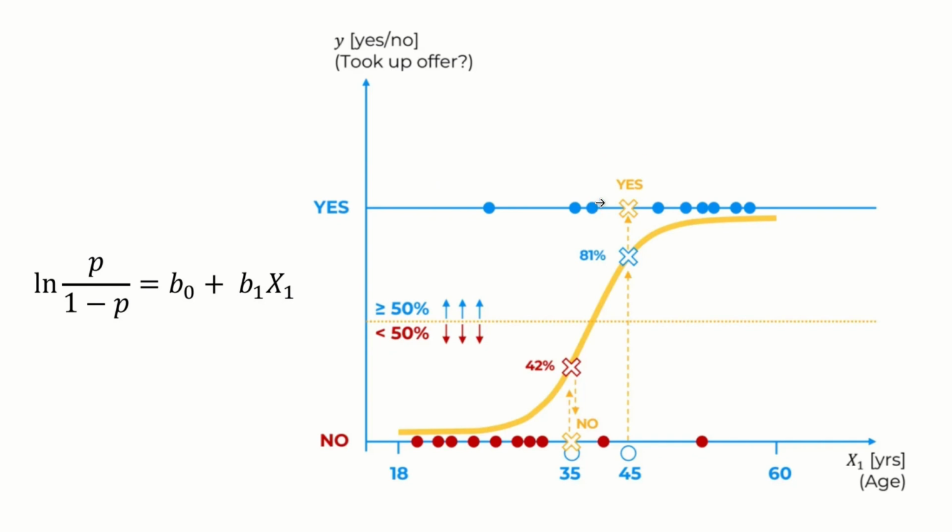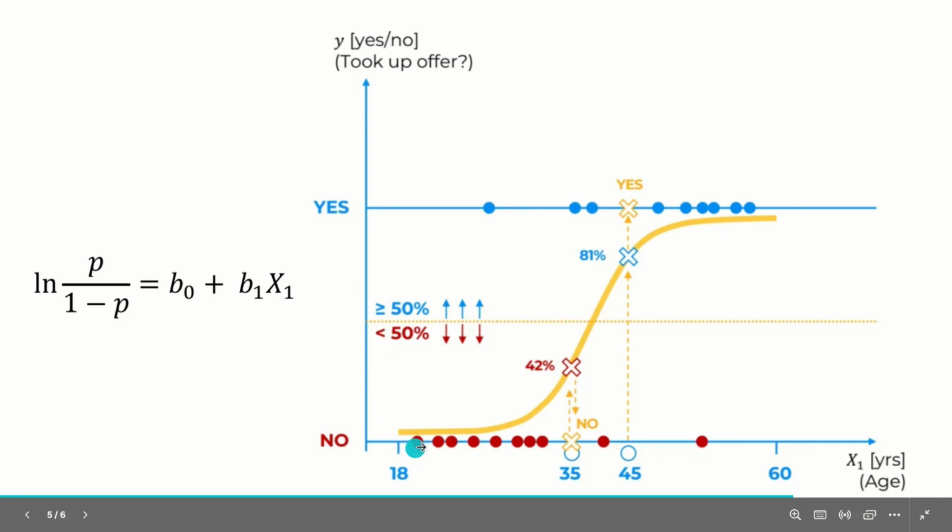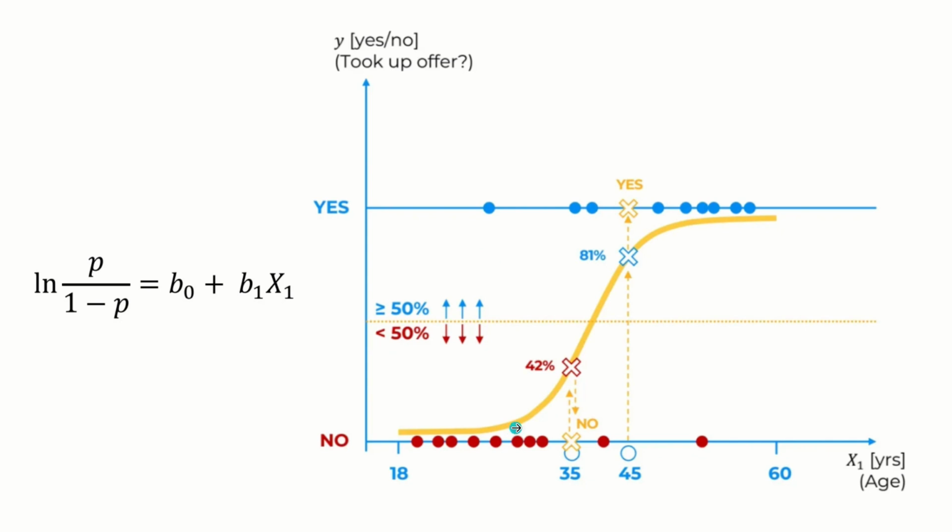So what will our data set look like? Let's say we have a certain number of observations in a data set, and we know people's age, and we know, when they were exposed to the offer, whether they purchased the insurance or didn't. You can see these are the no, meaning those guys haven't purchased our health insurance, and these are the yes, they have purchased it.